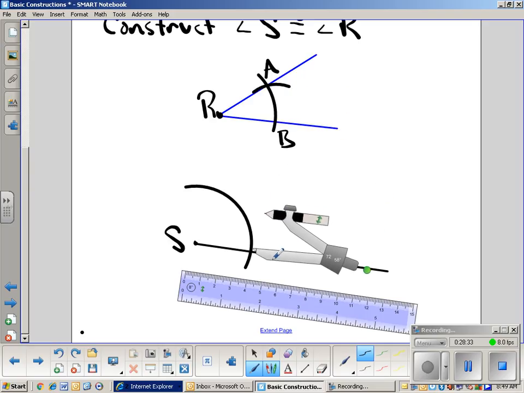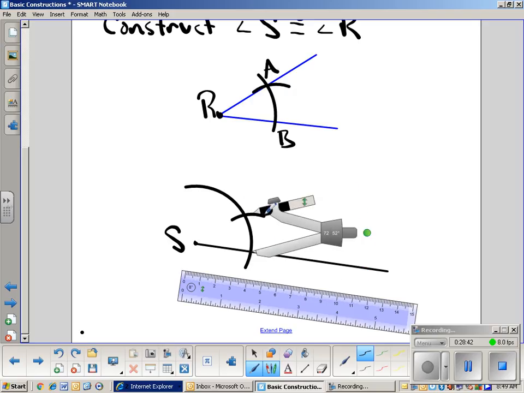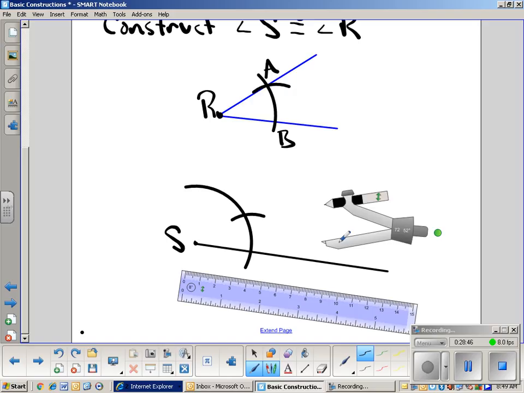So I have to measure with my compass the distance from B to A, and I think that was step 3. Step 4 then would be to move down to where your first arc crossed the ray for S, and draw that same arc. Find out where it crosses the other point on the arc.